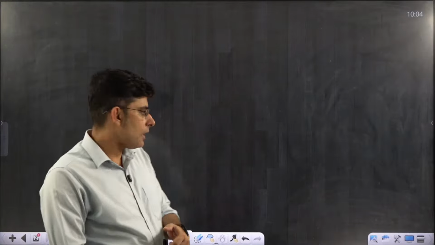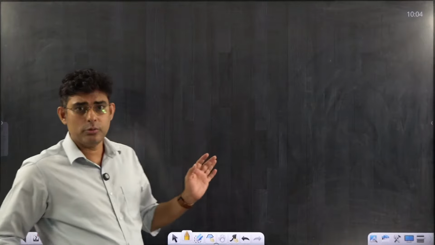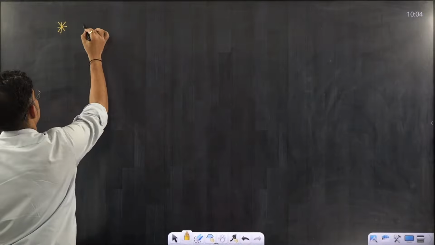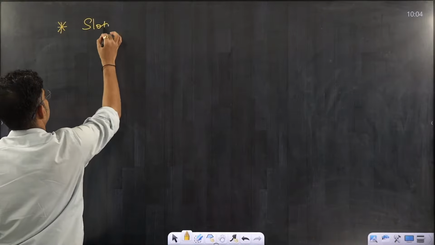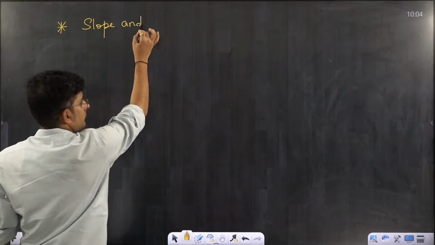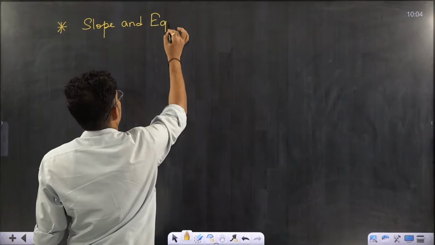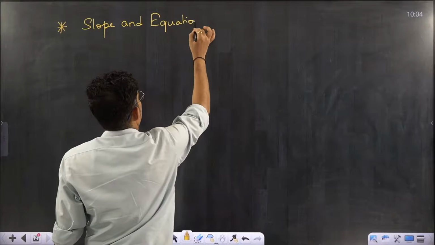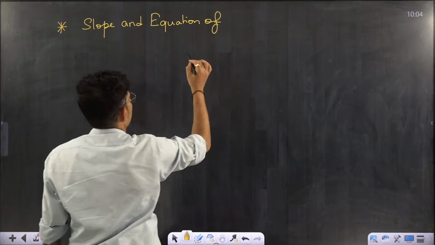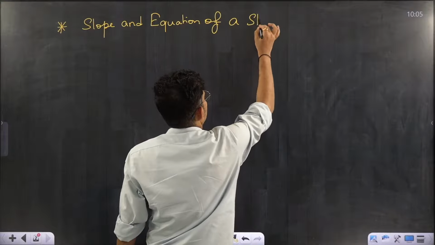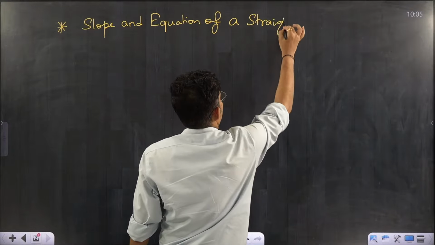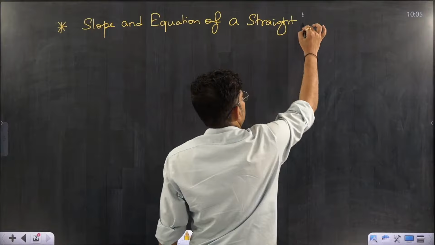So moving on, the next mathematical concept that we are going to see today is about slope and equation of a straight line.